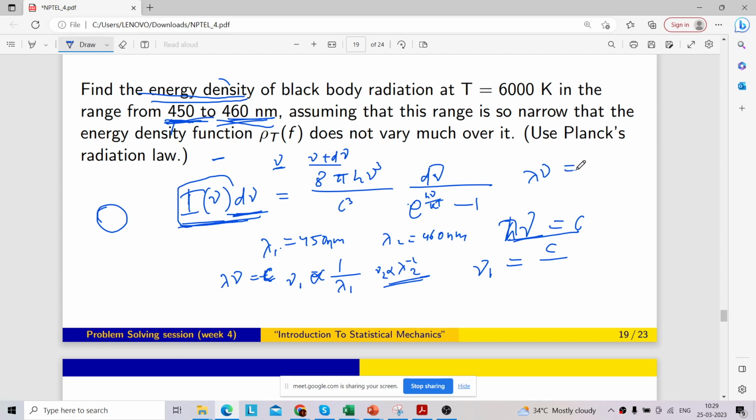Lambda times nu is c, where lambda is the wavelength of that photon or radiation and nu is the frequency of that radiation. You know from Maxwell's equations that all electromagnetic radiation travels at the same speed as light. So there is a relation between the wavelength and frequency of the radiation, which relates to the speed of that radiation. Using this relation, can you tell me what will be nu 1?